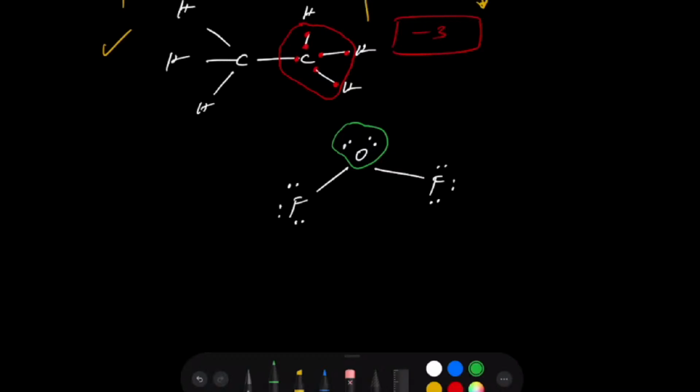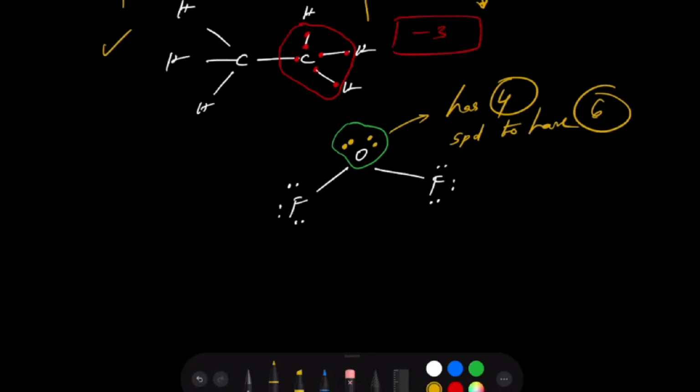So how many electrons does oxygen have now? 1, 2, 3, 4. It is supposed to have 6. So it has 2 less, 2 electrons deficient here. That's why oxidation state is +2 in OF2. That means oxygen can also have a positive oxidation state.